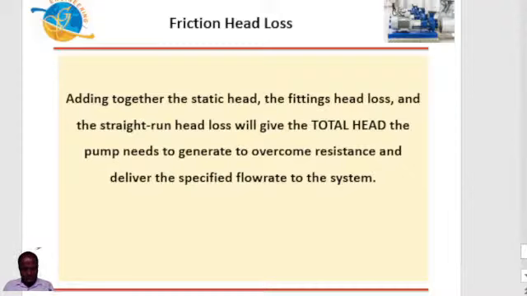So for today's session, we have looked at the pump head. We have looked at how the suction tank level varies with the height to which the pump can raise the water, and how the suction conditions affect the overall operations of the pump. We have looked at what the total head requirement calculation is all about.